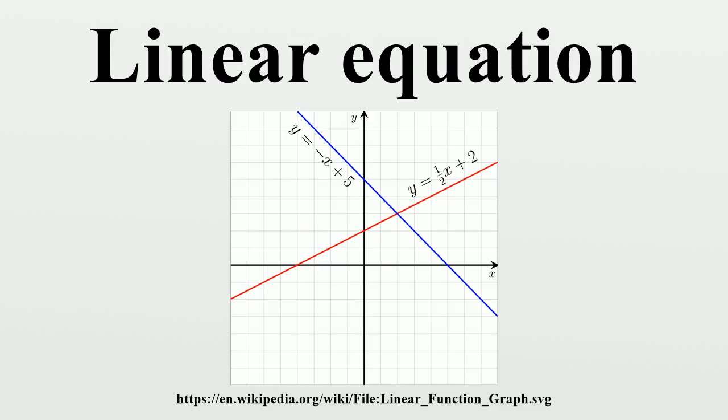This can also be related to the two-point form, where t varies from 0 at one point to 1 at the other point, with values of t between 0 and 1 providing interpolation and other values of t providing extrapolation.